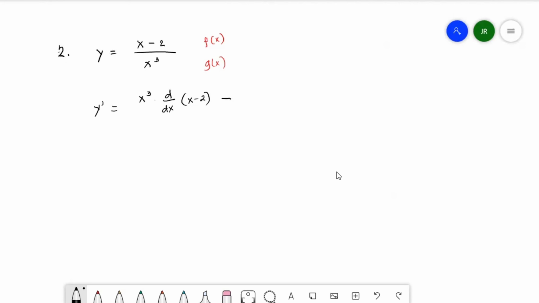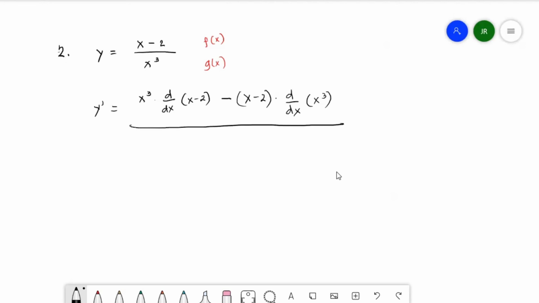Yung numerator naman, copy, which is x minus 2. Multiply by the derivative of the denominator naman, which is x cubed. Again, sa quotient, denominator multiply by the derivative of numerator minus numerator multiply by the derivative of denominator.